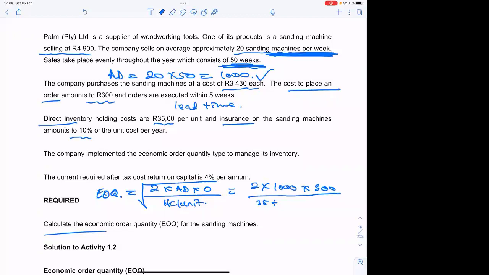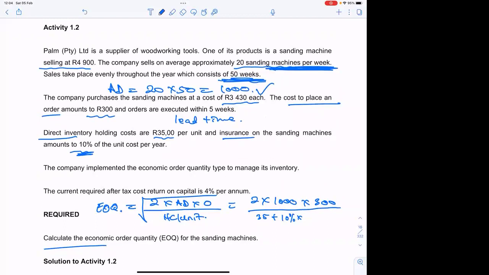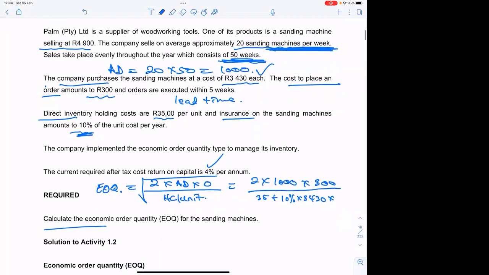They're saying your insurance is what? 10% of the unit cost. So my insurance would be 10% multiplied by my unit cost. How much did I invest in inventory? The company purchases the sanding machines at 3,430. So multiplied by 3,430, multiplied by the opportunity cost. Our opportunity cost is what? It is 4%. So we multiply that by 4% of 3,430.